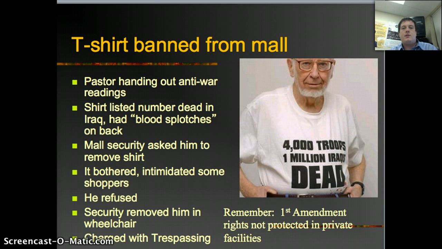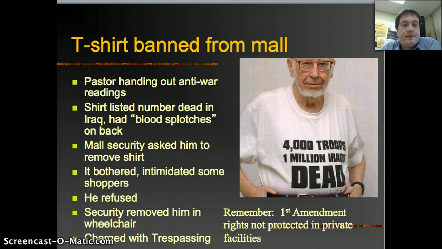Here's another one. This man would go into a mall and wear this shirt that says 4,000 troops, 1 million Iraqis dead. And on the shirt there would be blood splotches, made to look like blood. The mall security asked him to remove his shirt because it bothered or intimidated some of the shoppers. This old man refused, and security removed him in his wheelchair, and he was charged with trespassing.